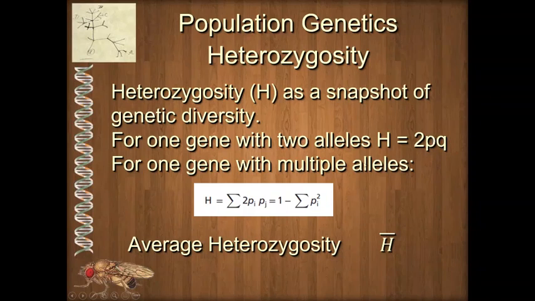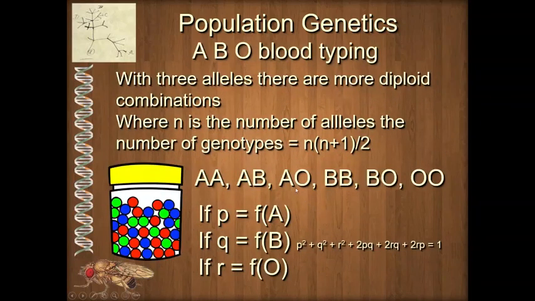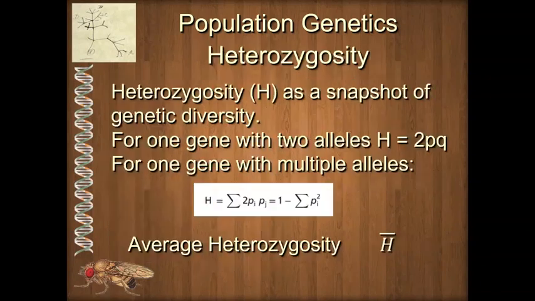But if we have multiple alleles, it gets a little bit more complicated, right? So if we wanted to figure out the heterozygosity for the blood typing system, we would need to count up all the heterozygotes and say what frequency of the population is AB, what frequency is AO, and what frequency is BO. And those all added together would represent the frequency of the heterozygotes. In the paper that you're supposed to read for today, that's how they represent this.